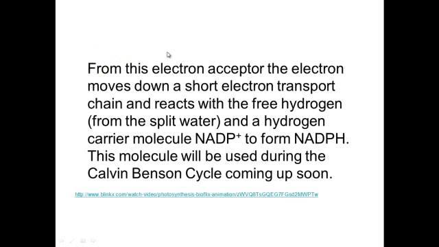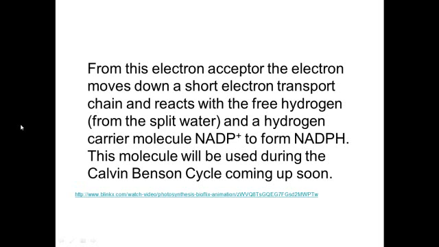At this point, the electron acceptor is going to give its electron, plus a free hydrogen from that water that was split, to a carrier molecule called NADP. Those two things, the electron and the hydrogen, attach and form an NADPH molecule. This molecule is going to be used during the Calvin-Benson cycle, which is the second half of photosynthesis. This is the first half.